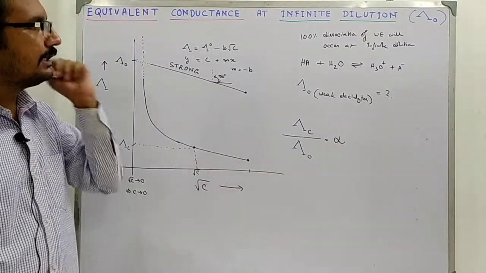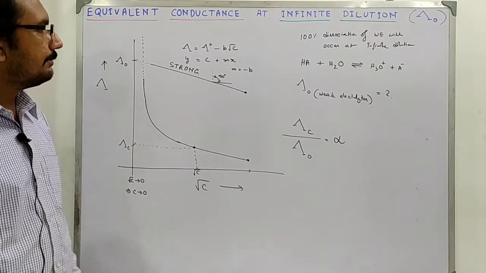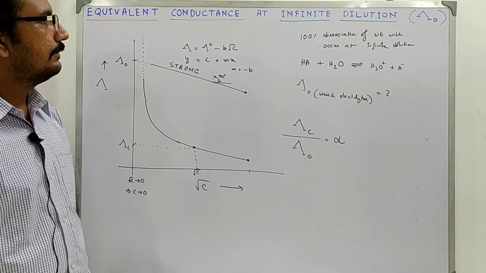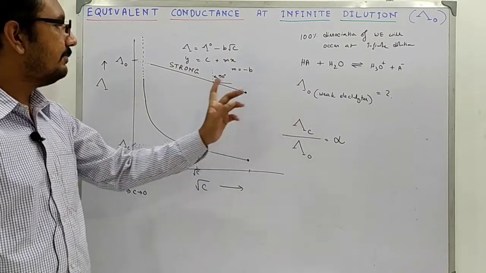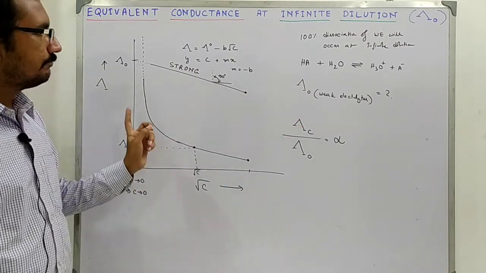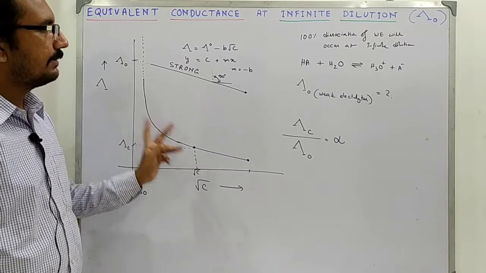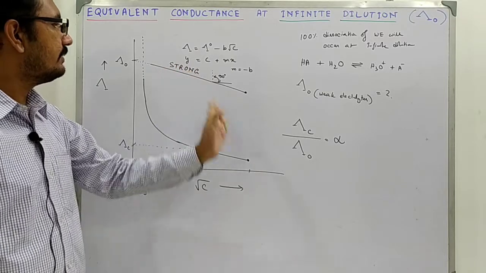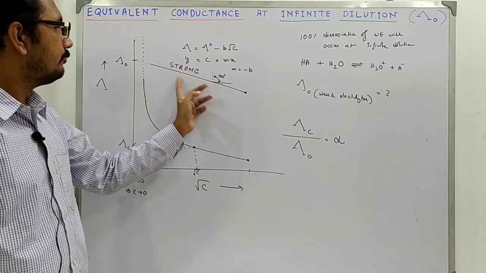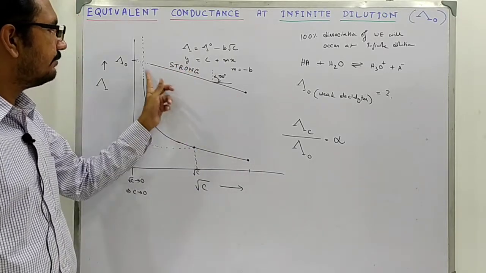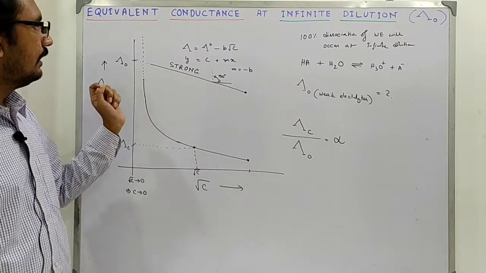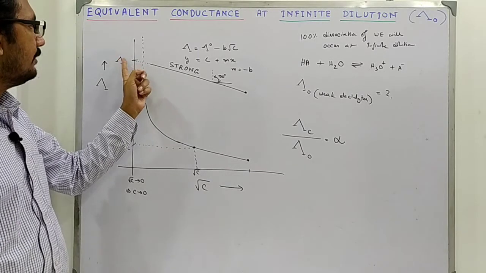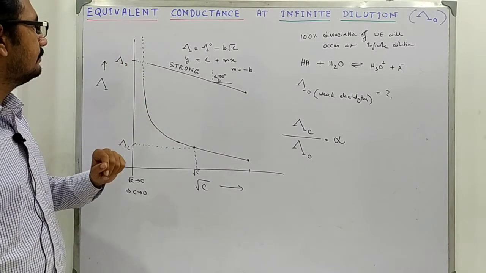So, our next topic is to determine the equivalent conductance at infinite dilution for weak electrolytes. How will we be able to determine it? For strong electrolytes the procedure is simple. Take 4 to 5 data points at different concentrations, measure the equivalent conductance, and you get a linear relation, and through extrapolation you will get this point.